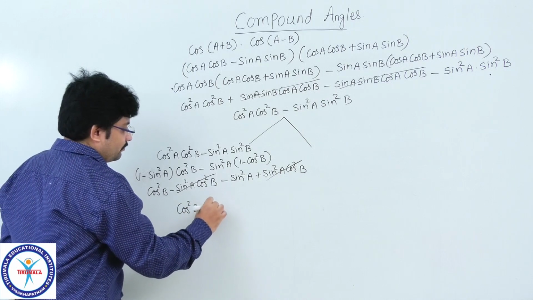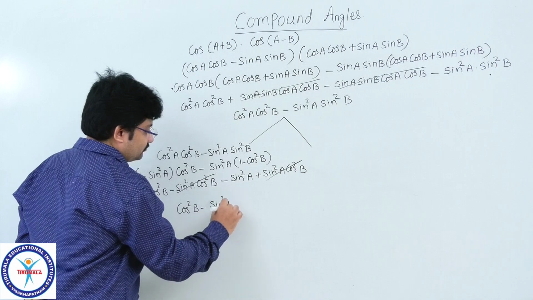Therefore that is cos square B minus sin square A.